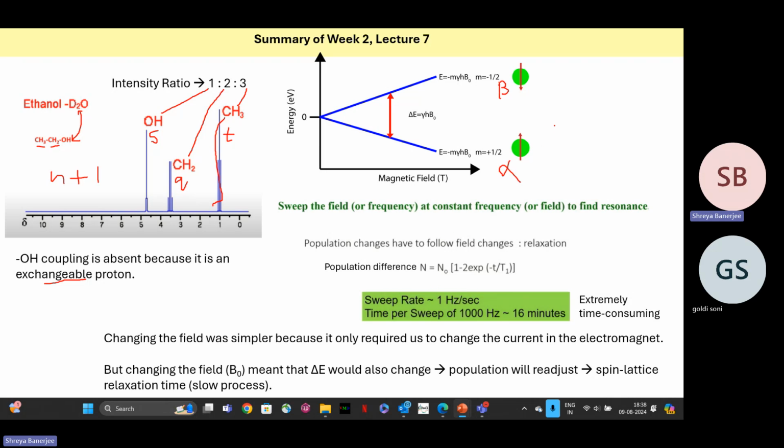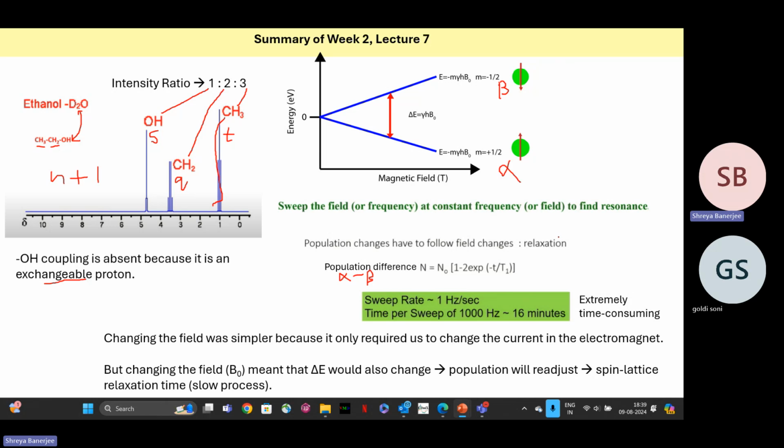Suppose we consider the population difference, that is alpha minus beta, as n. So n can be defined as n0 (1 minus 2 exp(minus t by T1)), where T1 is your spin lattice relaxation and n0 is your population difference at equilibrium. This equation we have already seen in the previous class.